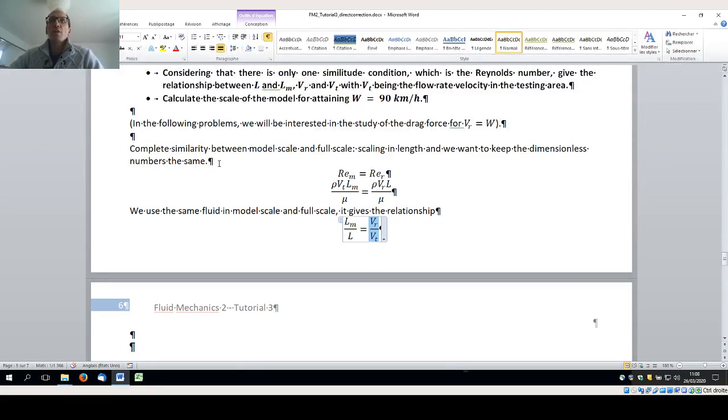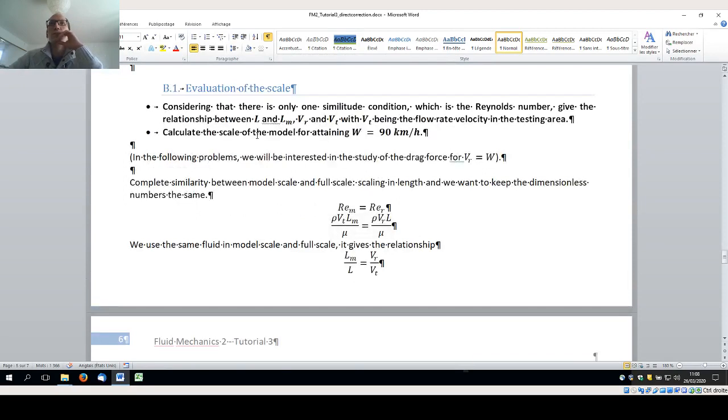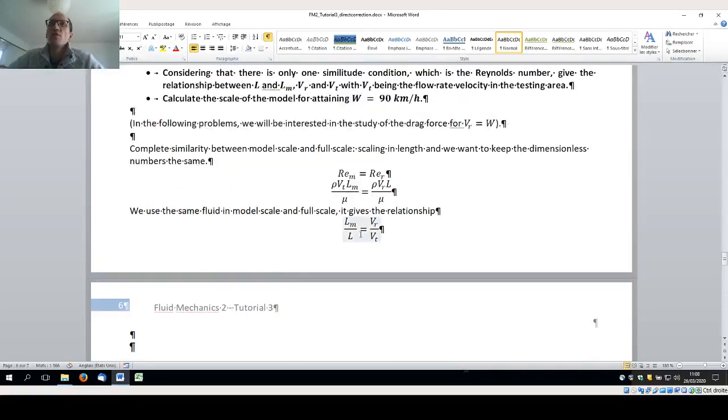So once we have deduced this, we can know the scale of the model if we want to have the velocity of the real car.